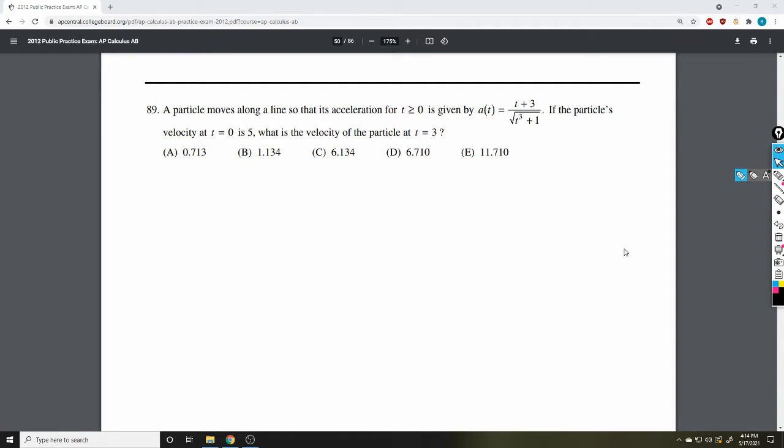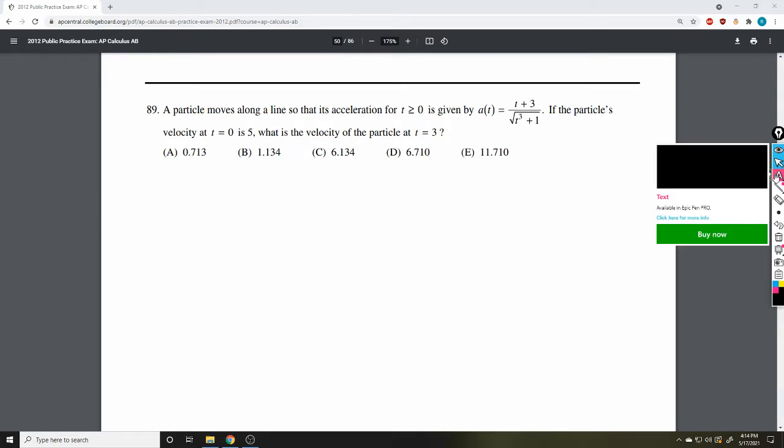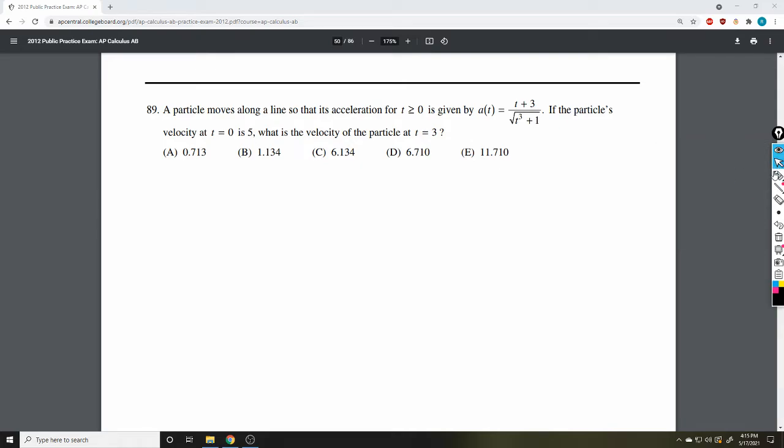A particle moves so that the acceleration is given by that function. Well, that means that velocity, v of 0 equals 5.